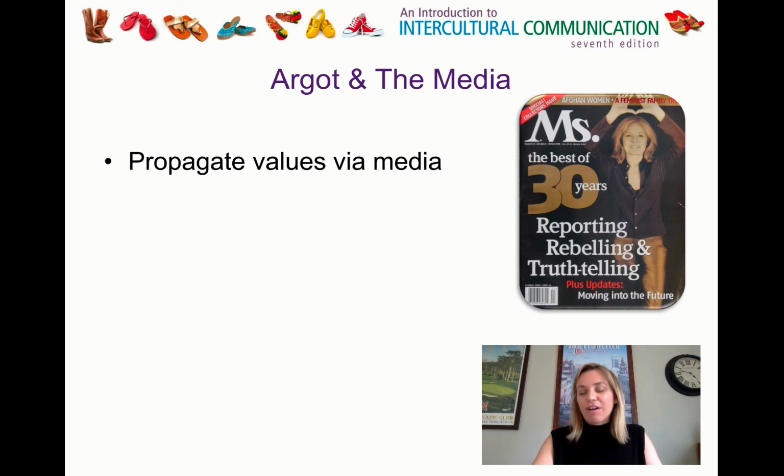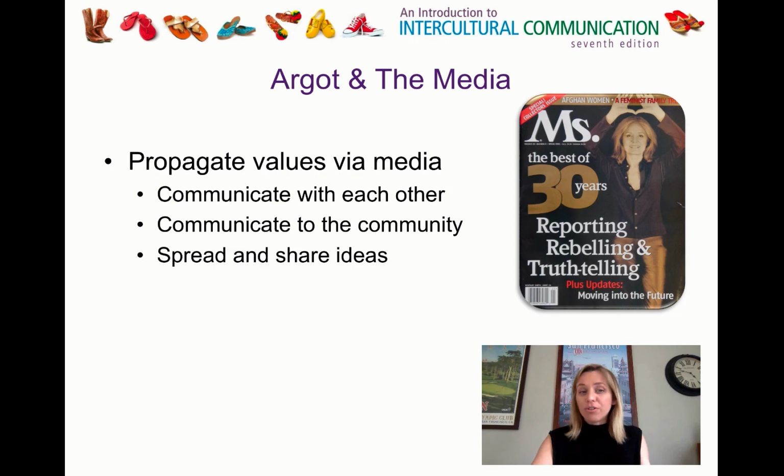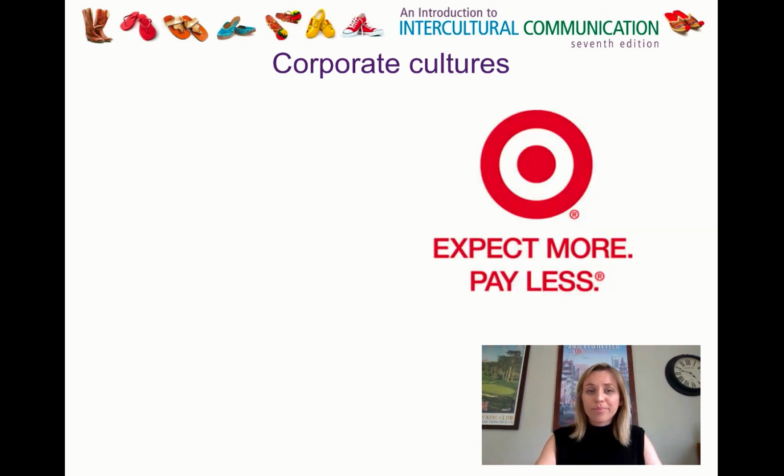It was founded by Gloria Steinem, who's a feminist in the United States. You also use the media to communicate with each other, to communicate with the community at large, and to spread and share your ideas. And recently, Ms. Magazine has created an Instagram account, so that's another way that they are sharing their values.